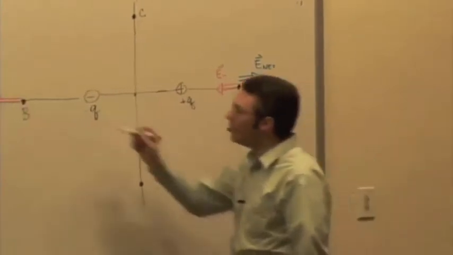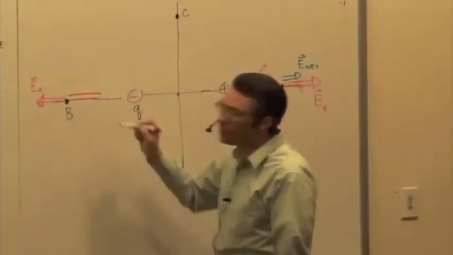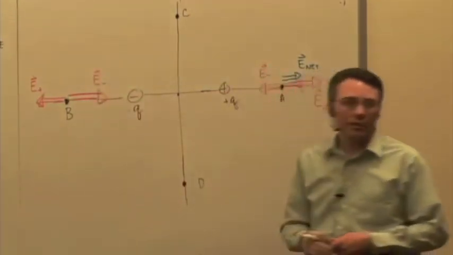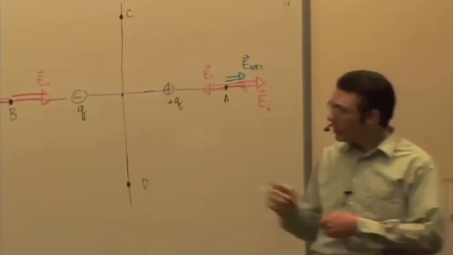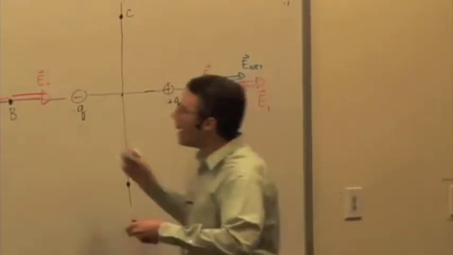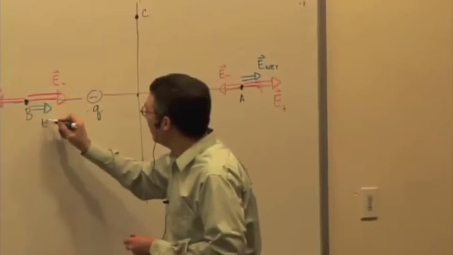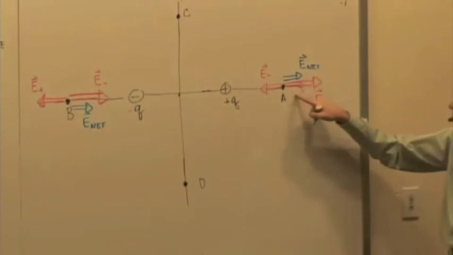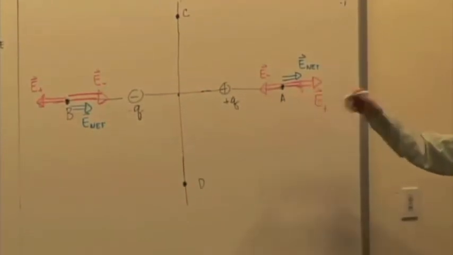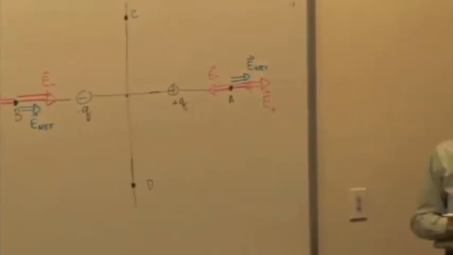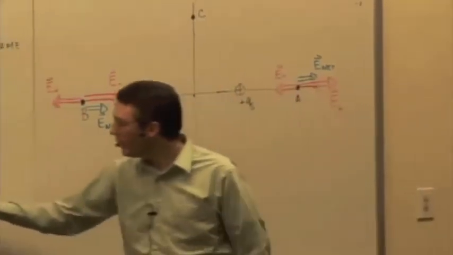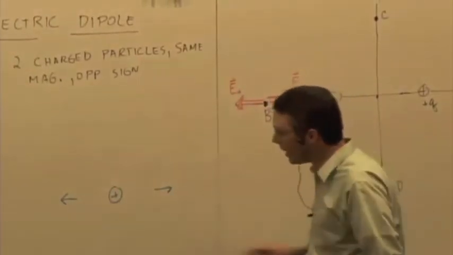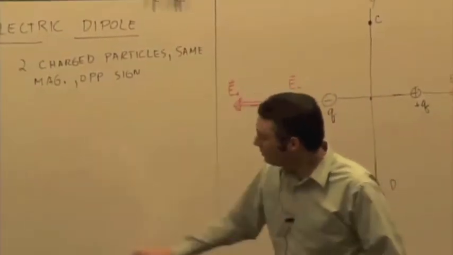The negative charge makes the larger electric field now because it's closer. What's the direction of E net? To the negative, yeah. Notice that E net on this side is pointing in the same direction it is pointing on that side. So already we're seeing a difference from, say, a single point charge, right? If you had just a positive charge, then the field would be pointing away no matter what side you're on. But in the case of a dipole, we're getting a different result, okay?